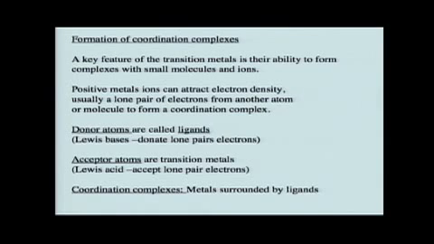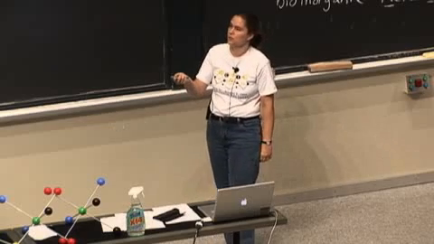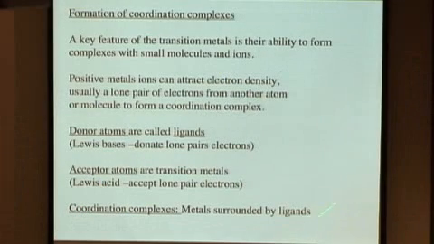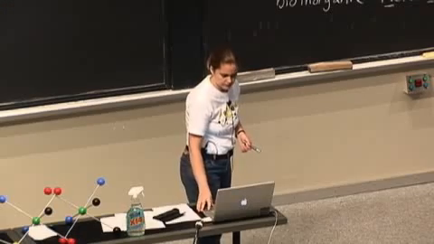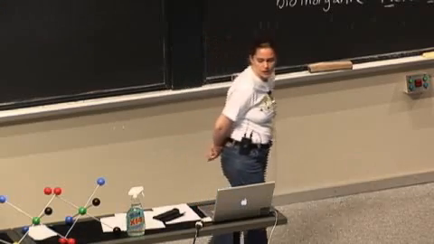So then when you take your acceptor atom and your donor atom and you put them together, you get what is known as coordination complexes. So a coordination complex is just the metal or the Lewis acids surrounded by the ligands or the Lewis bases or the donor atoms. And here is an example of a coordination complex. We have cobalt in the middle, and it's surrounded by a series of ligands, and these are NH3 ligands.